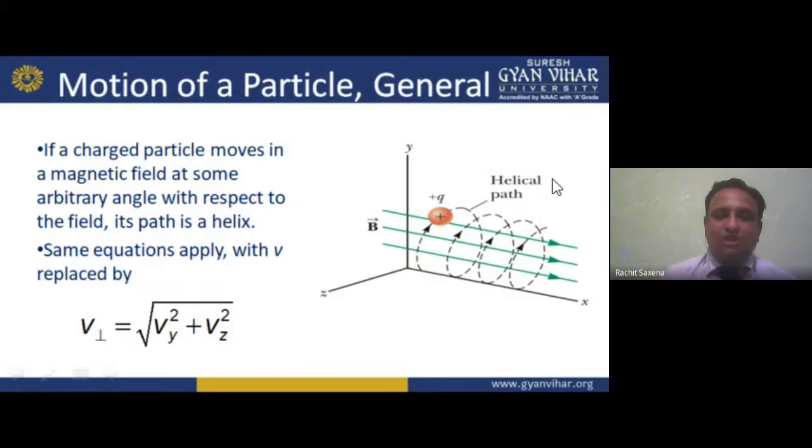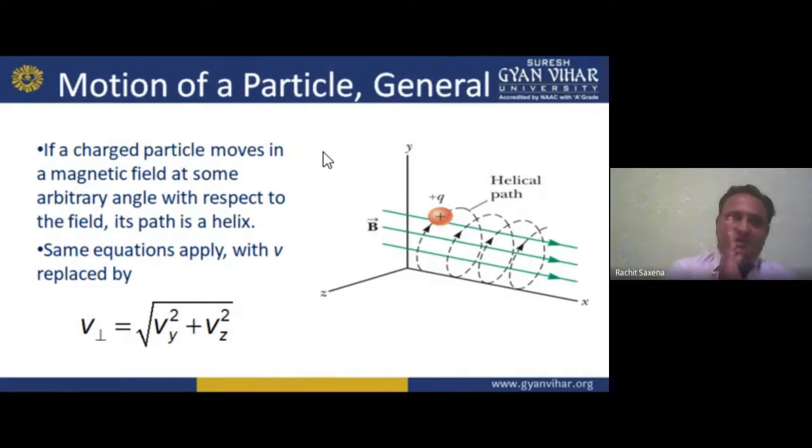The same equation applies with v replaced by v1, which equals root of Vy squared plus Vz squared. So we have a helical path. If a charged particle moves in a magnetic field at some arbitrary angle, for example I choose 30 degrees, with the field, its path is a helix.